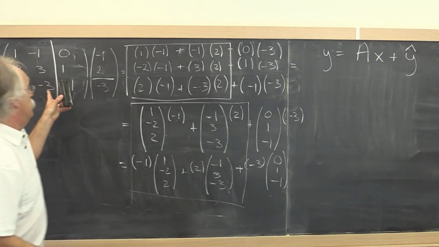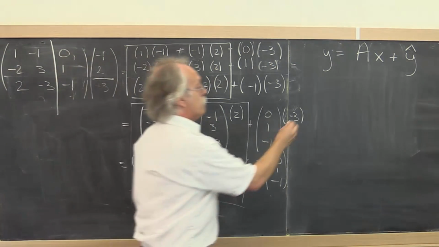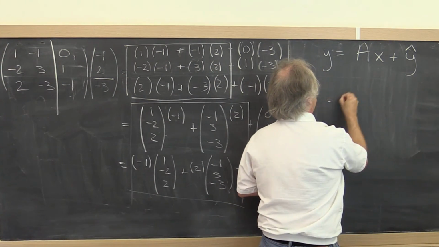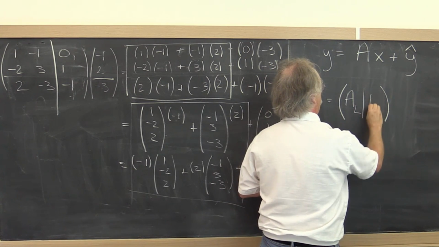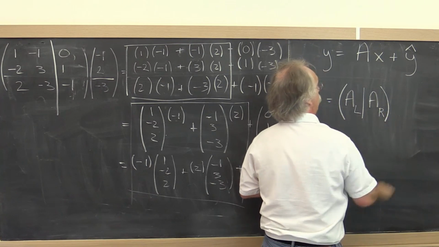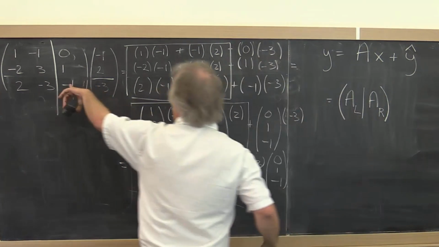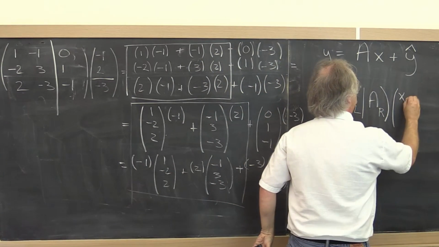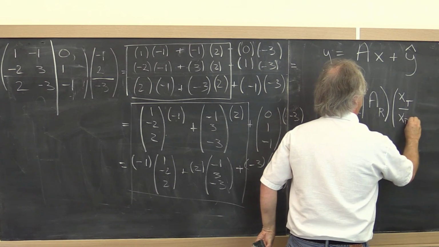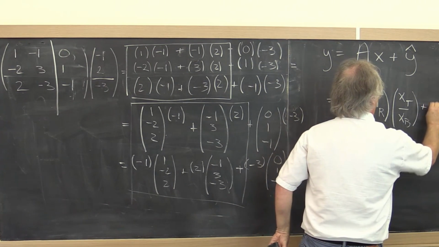What this here suggests is that we should partition A into a left part and a right part. We should partition x into a top part and a bottom part. And we should leave y alone.